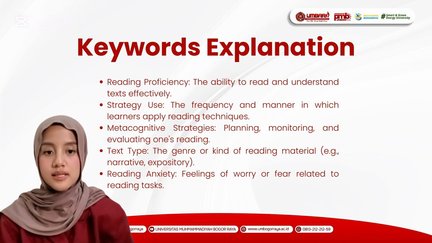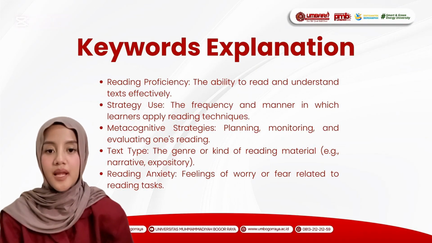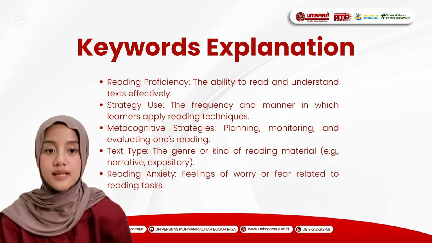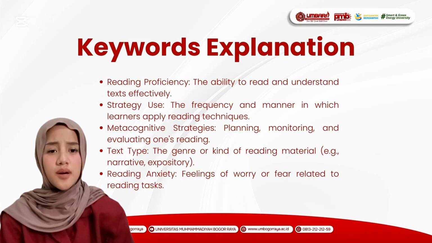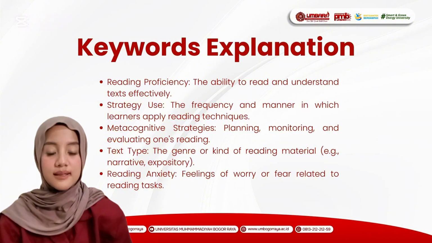Metacognitive strategies include planning, monitoring, and evaluating in the reading process. Text type is the genre or kind of reading material such as narrative or expository, and reading anxiety is the feeling of worry or fear related to reading text.